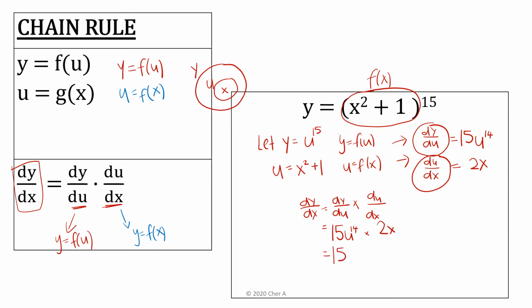I have two unknowns, but I know that u is equal to x squared plus 1, so I'm going to replace it. Now I can simplify everything. 15 times 2x will give me 30x, times x squared plus 1 to the power of 14. This will be my final answer.